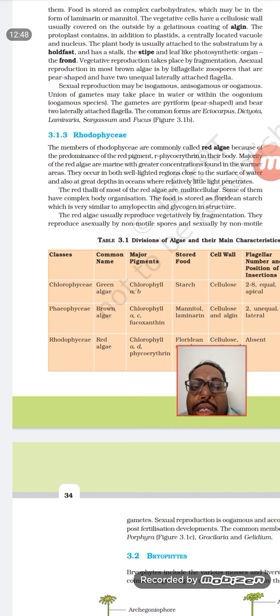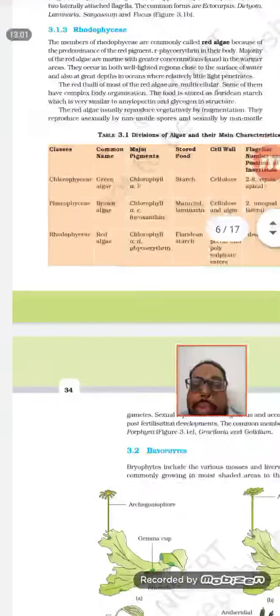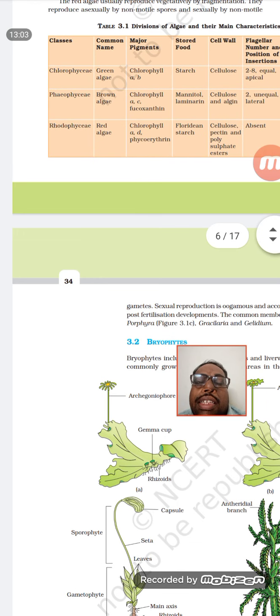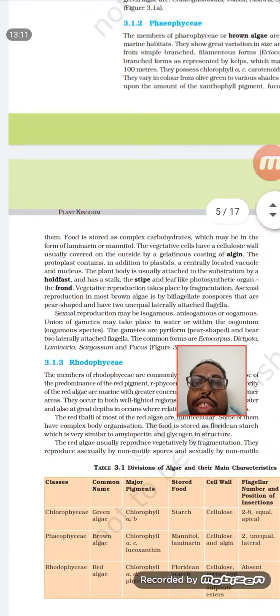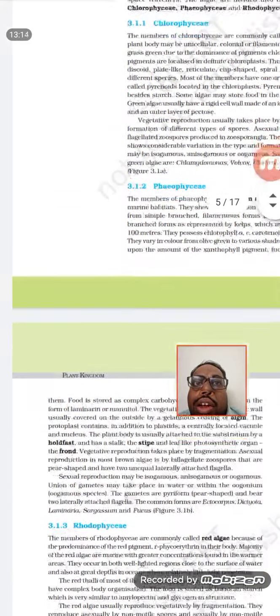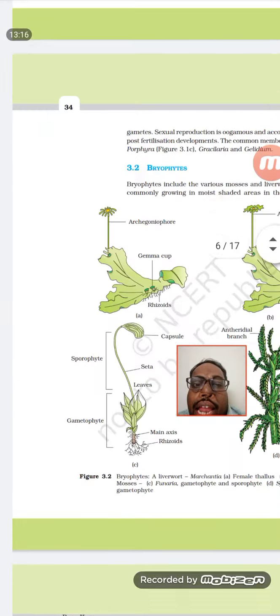And when you come to the reproduction of Rhodophyceae, they reproduce vegetatively by fragmentation, and they produce non-motile spores, and sexual reproduction can also be seen inside this. So these are mainly the differences between Rhodophyceae, Phaeophyceae and Chlorophyceae, especially the algae.